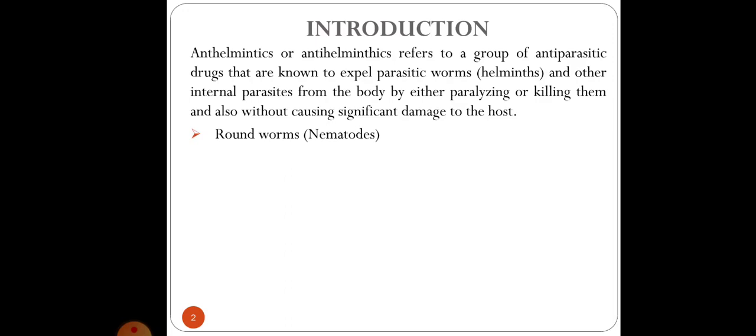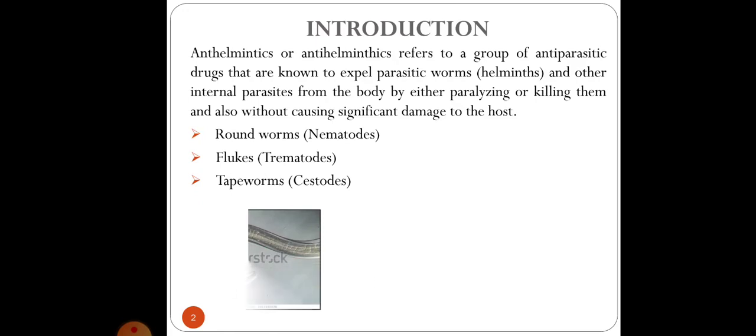The infection causing agents are either roundworms, which are also known as nematodes, flukes, which are also known as trematodes, tapeworms, which are also known as cestodes. This is the image of nematode.